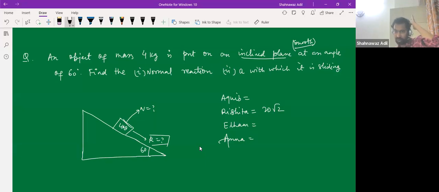And what about you guys, Akib, Ilham? Guys, I got N as 20. N as 20, yes sir. One minute, sir, I'll recheck. N is 20 and A. Please calculate, all of you, and tell.